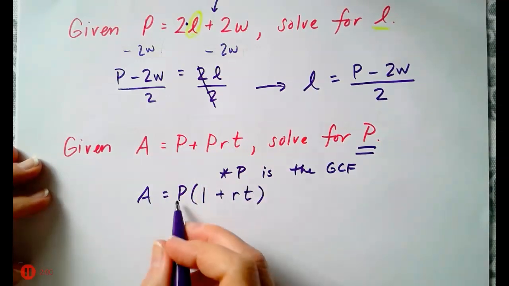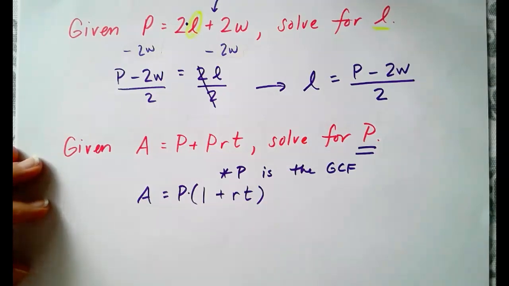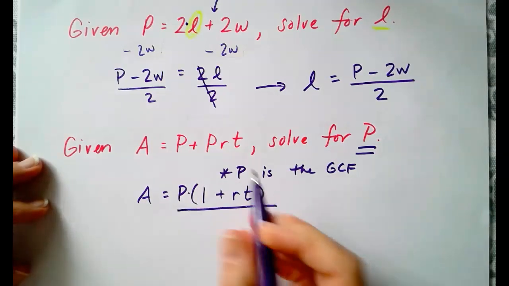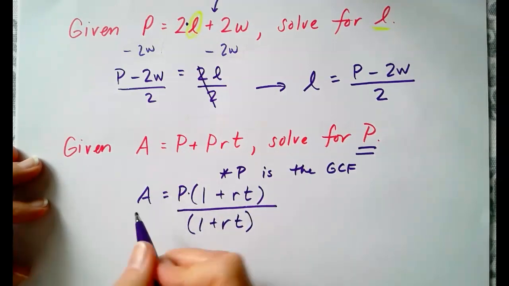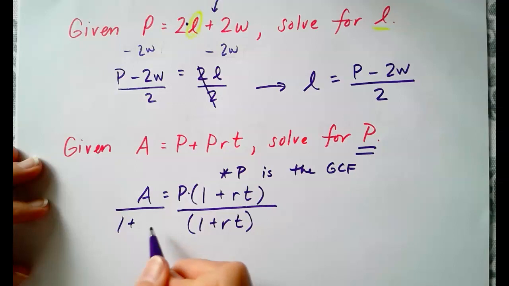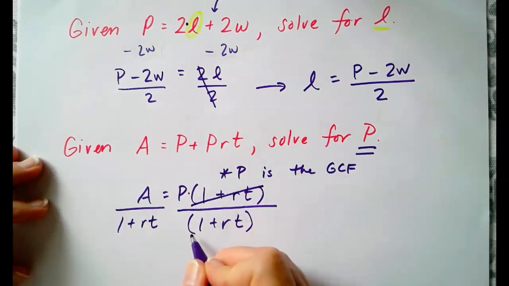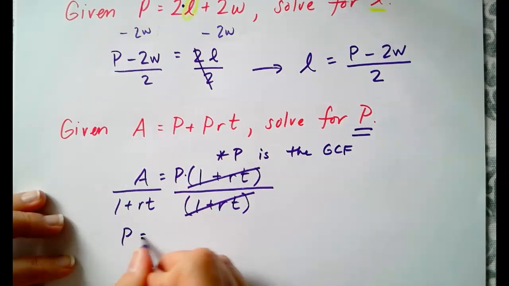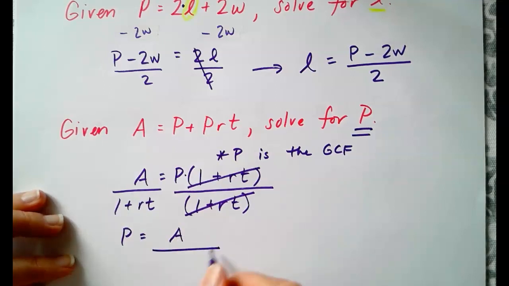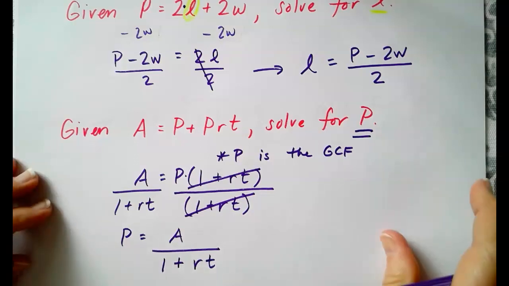So now for us to get the P by itself, since we just undid the distributive property, we will divide the entire quantity 1 plus RT away, and we will do that to both sides. So that entire factor cancels with that entire factor, leaving P equal to A over 1 plus RT.